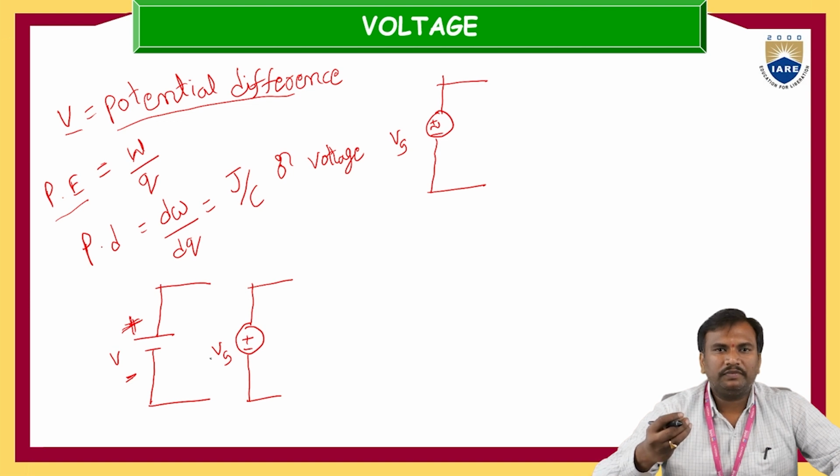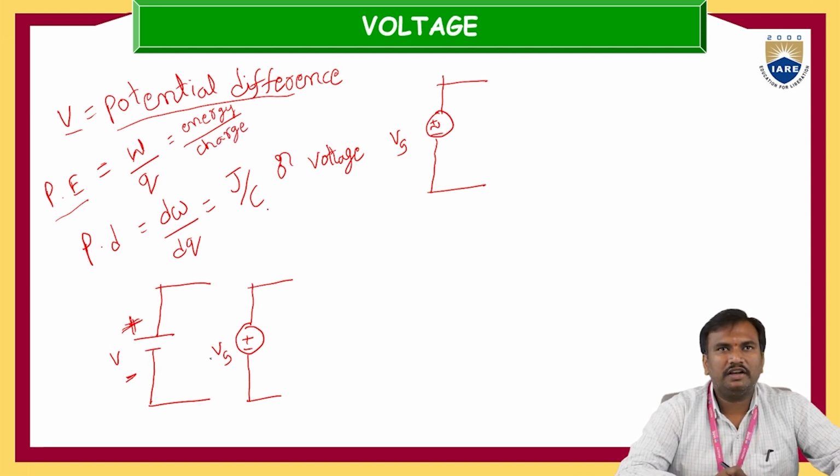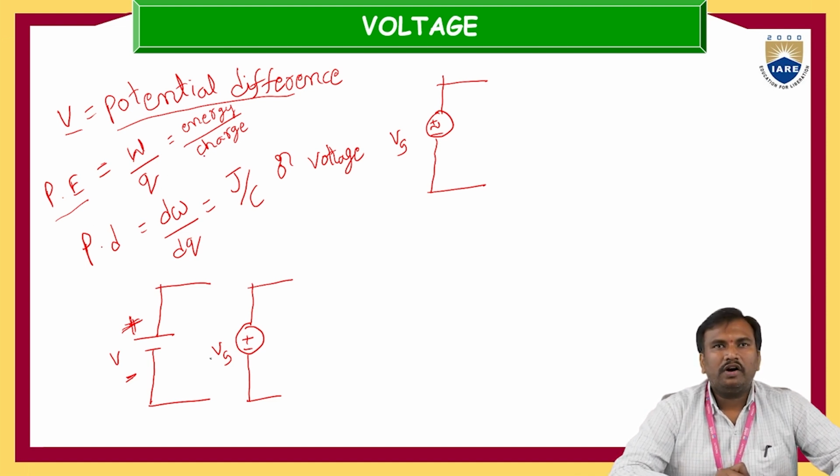We can write potential as energy per unit charge, that is equal to W by Q. This is potential. What is voltage?